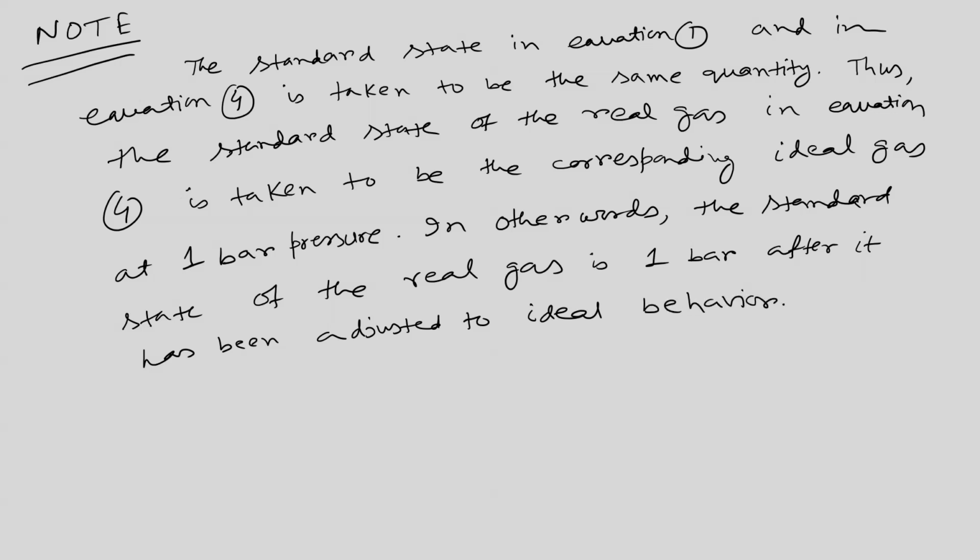So, you should note this one. Okay. The standard state in equation 1 and in equation 4 is taken to be the same quantity. Thus, the standard state of the real gas in equation 4 is taken to be the corresponding ideal gas at 1 bar pressure. Okay. In other words, the standard state of the real gas is 1 bar after it has been adjusted to ideal behavior. So, you should remember that.